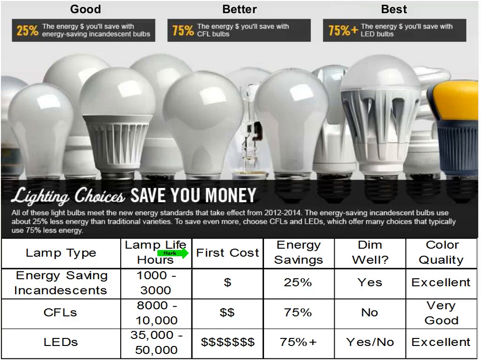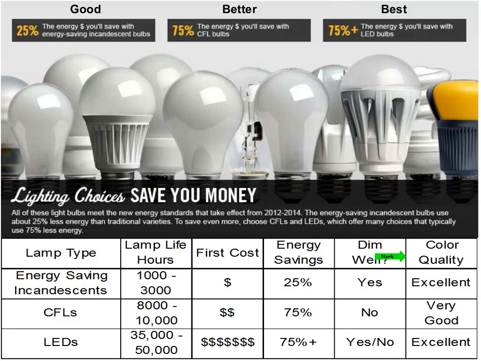We already talked about the energy savings, so we'll talk about dimming. The incandescents dim well, CFLs not so much. With LEDs, it's a mixed bag. While most of them are dimmable, some dim well and some don't.